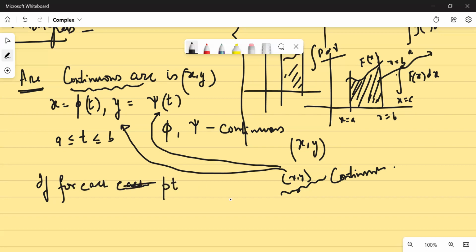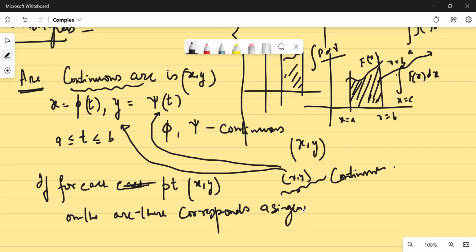If for each point (x, y) on the arc there corresponds a single value of t, that is, if I give you t, you get only one point (x, y), meaning it is not the case that for two values of t we get the same point, I am saying a unique value of t for a unique point (x, y). In that particular case, I will say this arc is a Jordan arc.